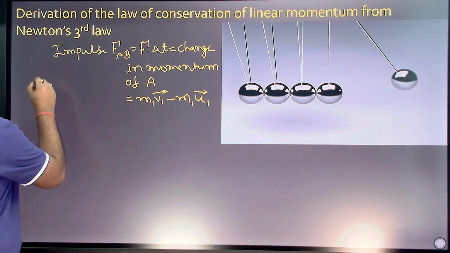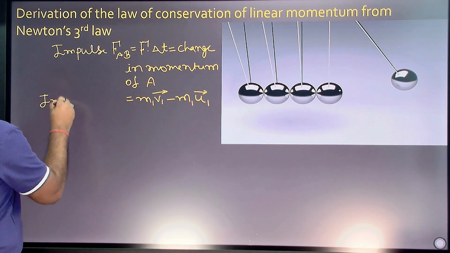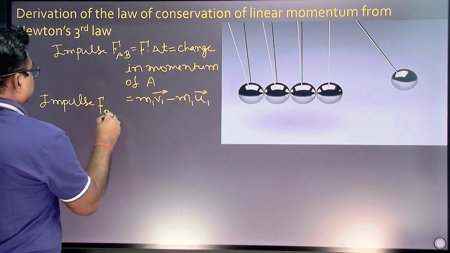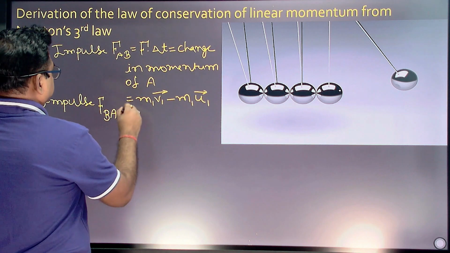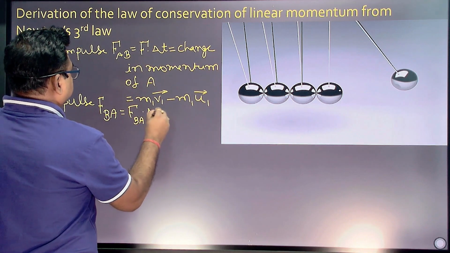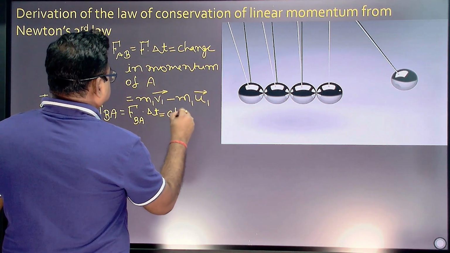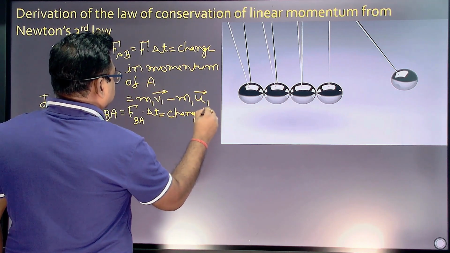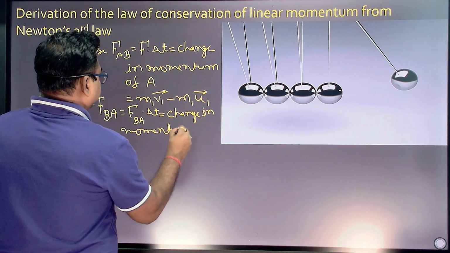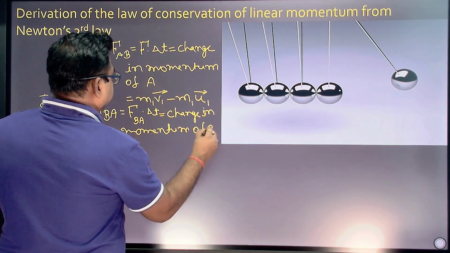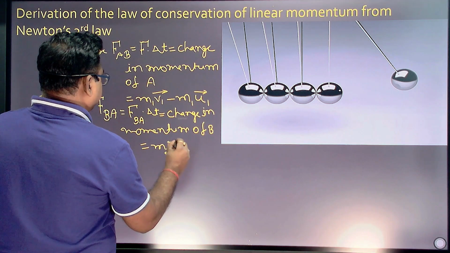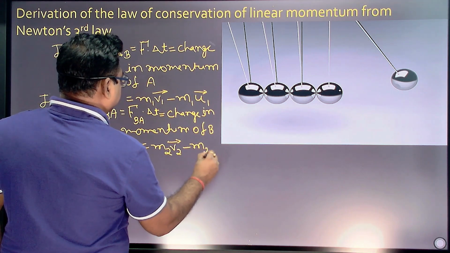Now again, the impulse of force BA, force into delta t, is equal to the change in momentum of body B, that is m2 v2 minus m2 u2.